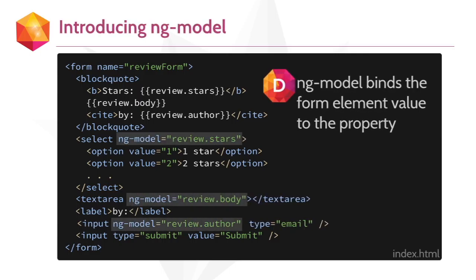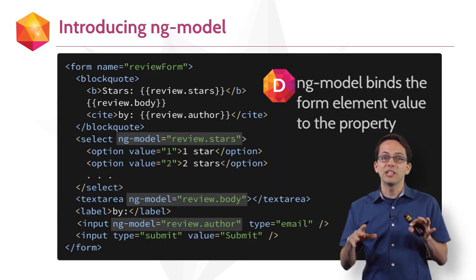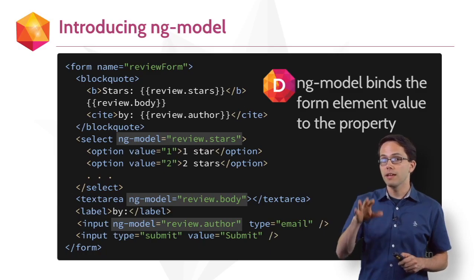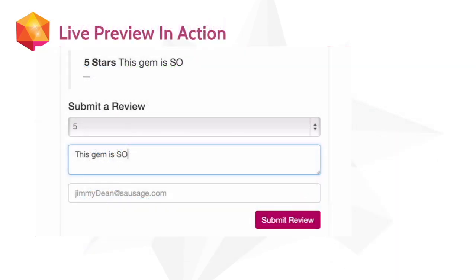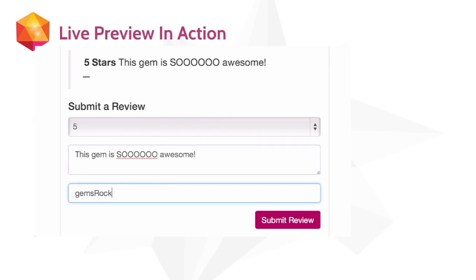So we can see ng-model="review.stars", which will bind this form element to the review.stars value in our page. Here we're going to see more of that Angular magic. It's that two-way binding. So if we jump back into the page, we're going to see that as we update the form, the live preview automatically gets updated for each of these fields.